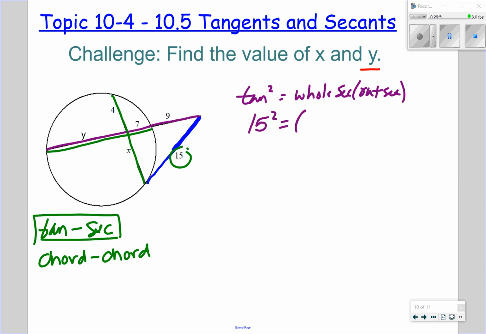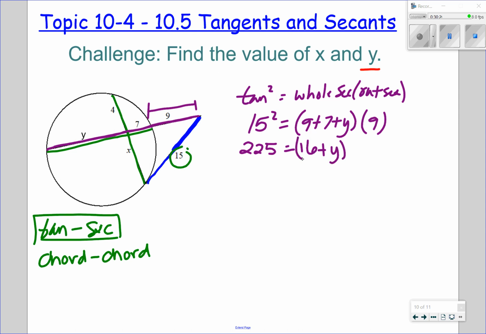The whole secant, now this whole secant is this whole purple line, would be 9 plus 7 plus y, and then the outside piece would just be this guy. When we're taking care of this problem, we can easily do the 15 squared and get 225. In here, 9 plus 7 gives me 16 plus y, and then times 9.